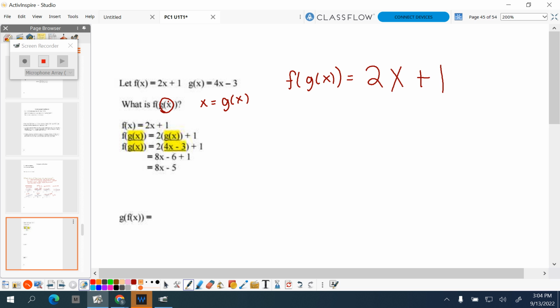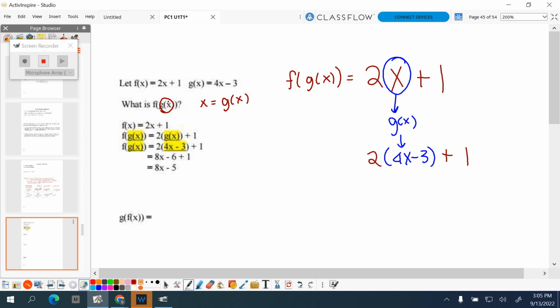So here is my original f of x. So what am I replacing? I'm replacing this x. So I'm going to write my g of x here. This is how I do it. So I have 4x minus 3. And all around this, I still got to maintain my f. So 2, and my plus 1.